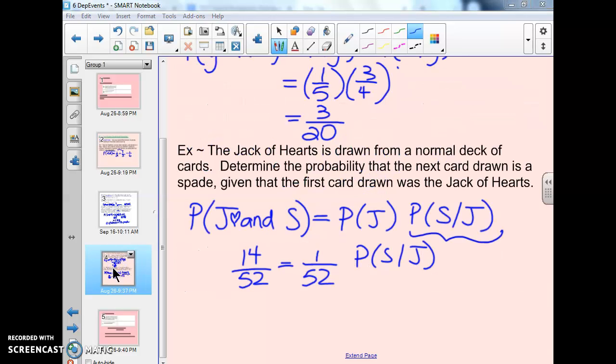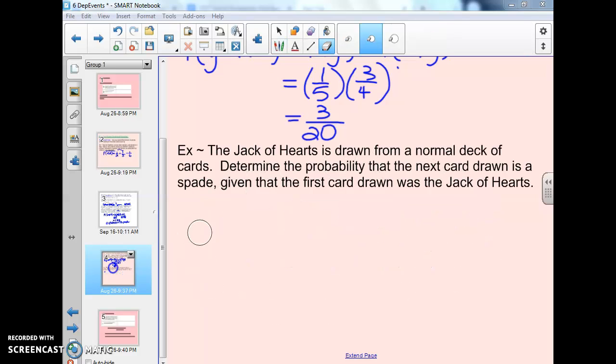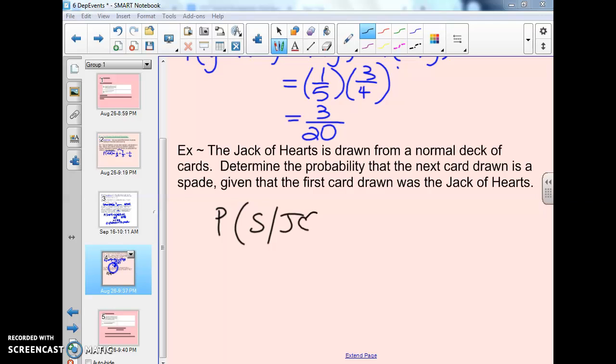All right, so the next probability question. Since the Jack of Hearts is drawn from a normal deck, determine the probability that the next card is a spade, given that the first card drawn was the Jack of Hearts. So if we think about this one, the probability that we're going to get a spade, given that we've already drawn the Jack of Hearts. Well, how many spades?